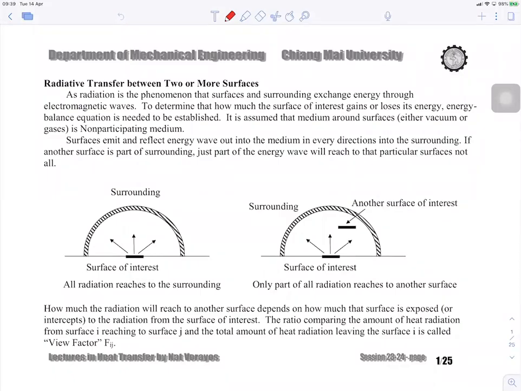Okay, we're going to start talking about the radiative heat transfer between two or more surfaces.